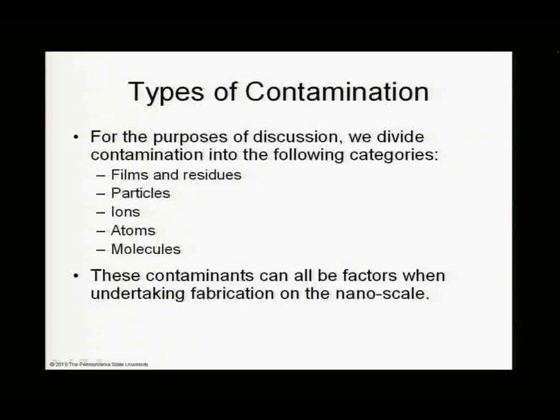Atoms of different elements that we don't want there, that are there out of our control, are contamination. And so are molecules, the same way. They're there, we don't want them there, they're uncontrollably present, that's contamination. And these contaminants can all be factors when undertaking fabrication at the nanoscale. In fact, they can be disastrous when undertaking fabrication at the nanoscale.